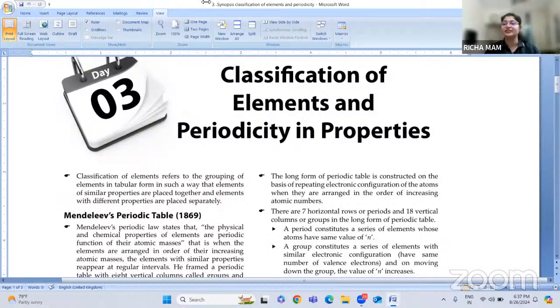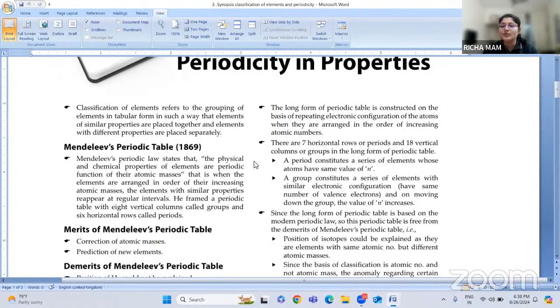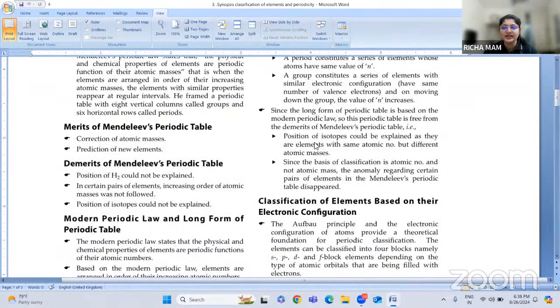We are studying them in different blocks, in different groups: S block, P block, D block, and F block elements. Based on that, different scientists put forth different laws. We discussed what the periods were and what the columns were.